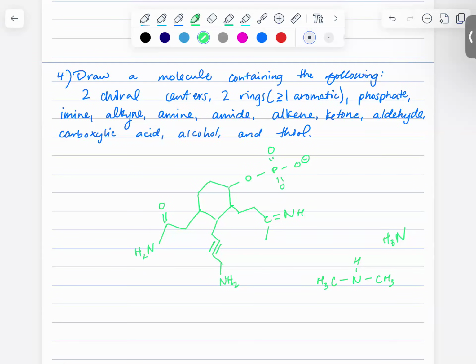Okay, what about an alkene? Is the double bonded what? Yes. What is a ketone?